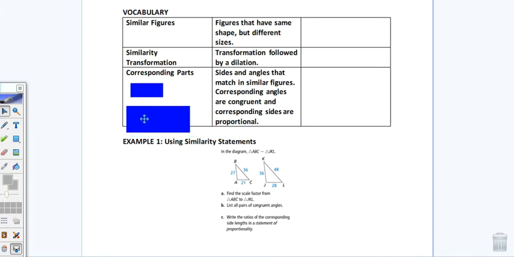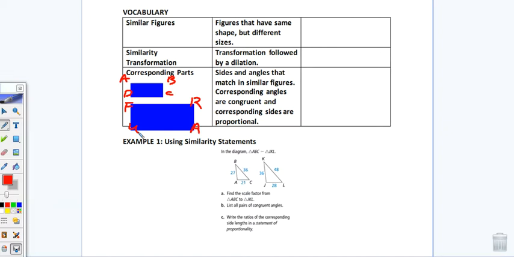Let's just say that these are similar to each other, and maybe I call this A up here, B, C, and D, and I call this F, R, A, and U. All right, talk about corresponding parts.